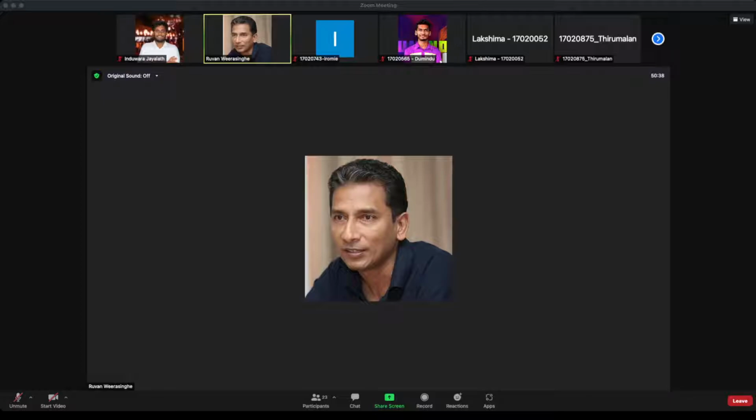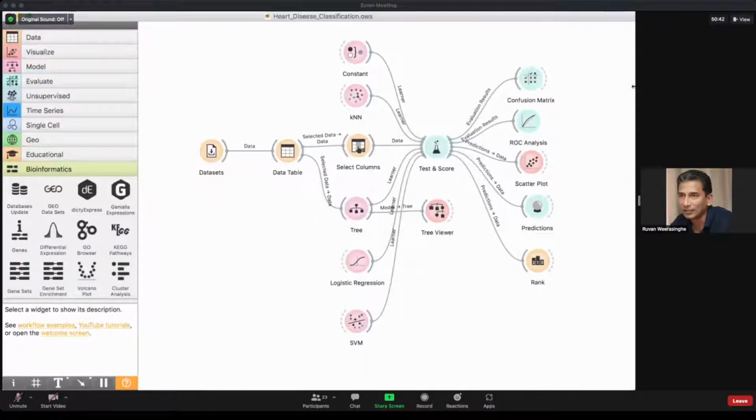I also thought of showing you another graphical tool. This is called Orange. It's packaged in Python. You can see the difference is that these widgets are circular and those are square, but the abilities are different.